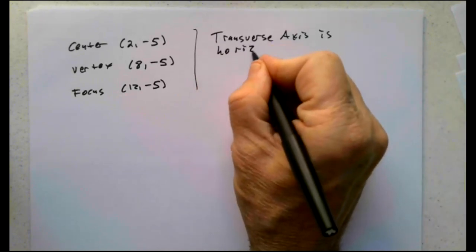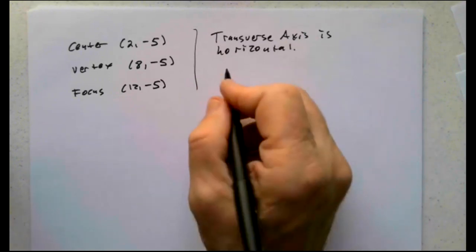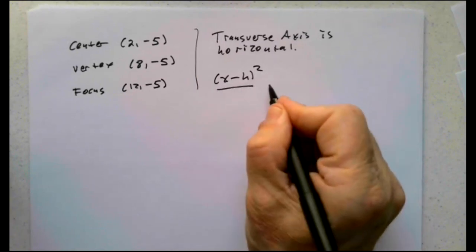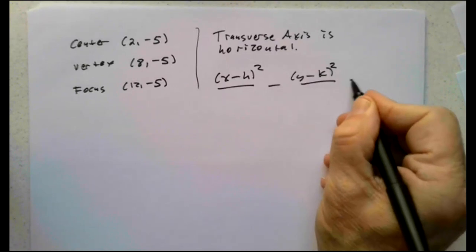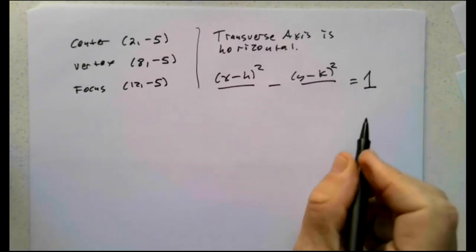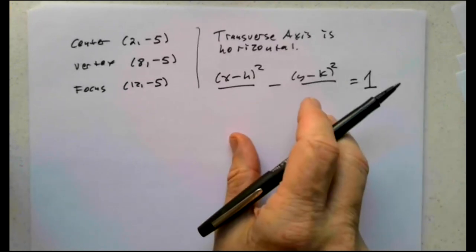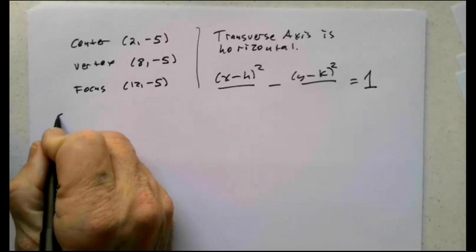Now, if the transverse axis is horizontal, that means the x comes first. So in general, our equation will be x minus something squared over something minus y minus something squared over something equals 1. So that helps us out to know that x comes first because the transverse axis is horizontal. Now I'd like to see what is my span in x.